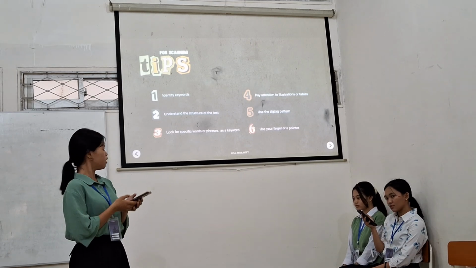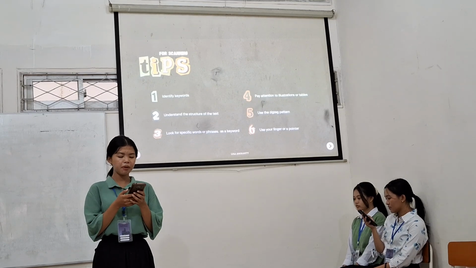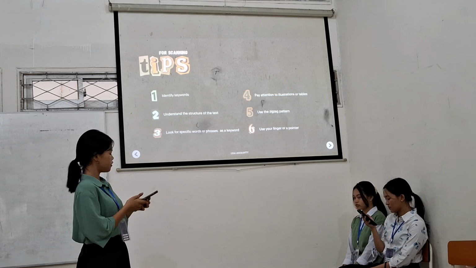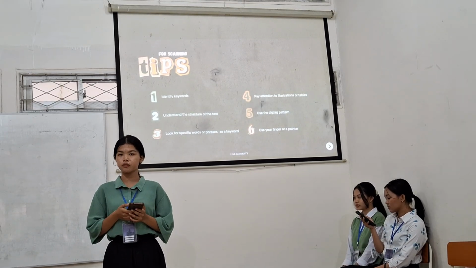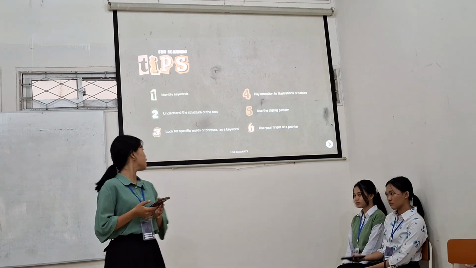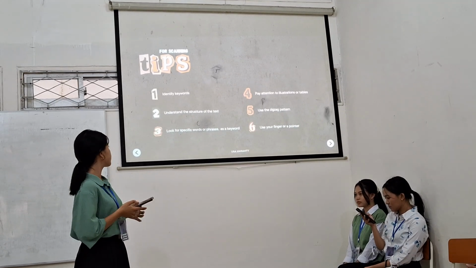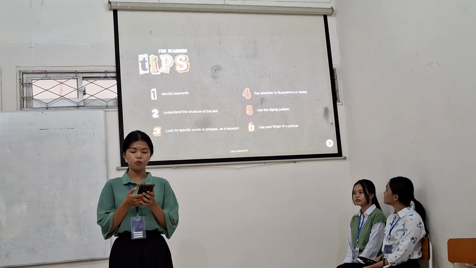And 4, pay attention to illustrations or tables. They might help you find the information you need. And the 5, use zigzag patterns. After choosing the area to scan, you can move your eyes in a zigzag pattern to cover as much of the text as possible to find your keyword.